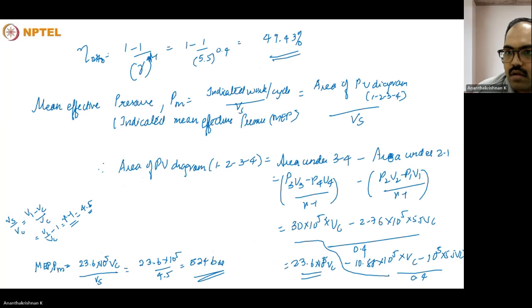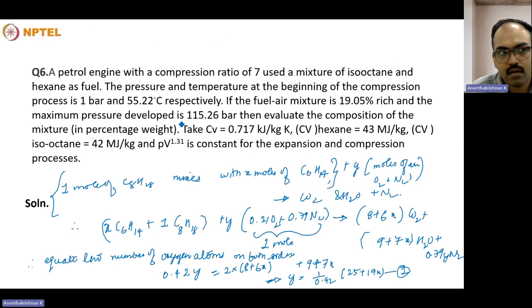Therefore, in this case, we know state point 2. Processes 1 to 2 are isentropic compression, so this process follows PV raised to 1.31, for both expansion and compression. We can determine the pressure and temperature at state point 2 from the reversible adiabatic equations.